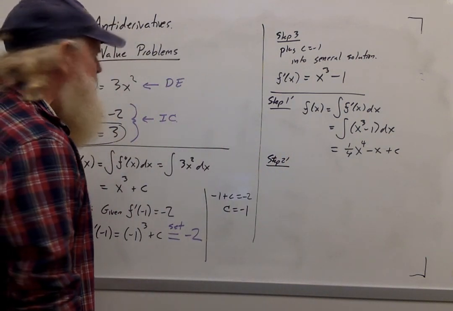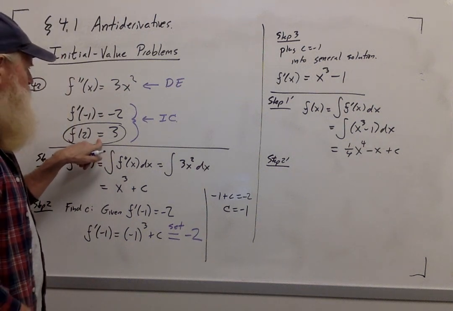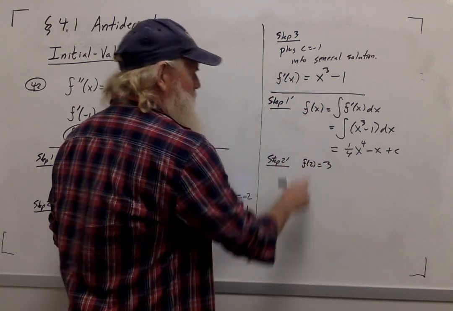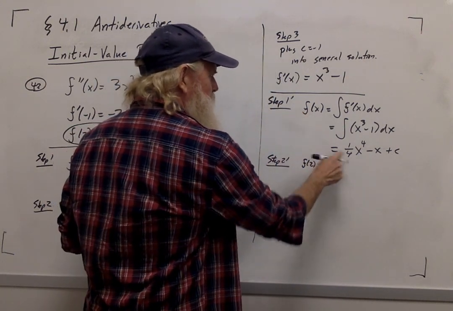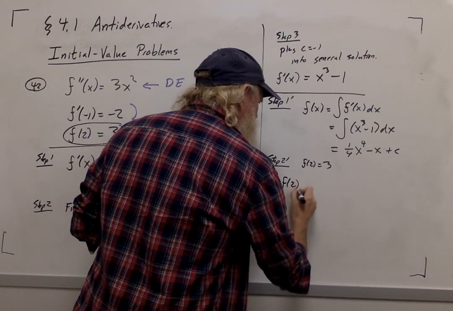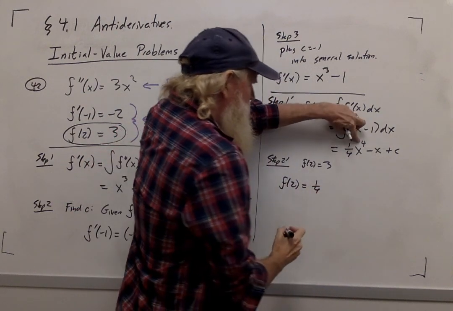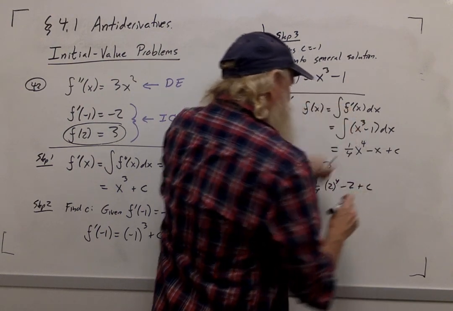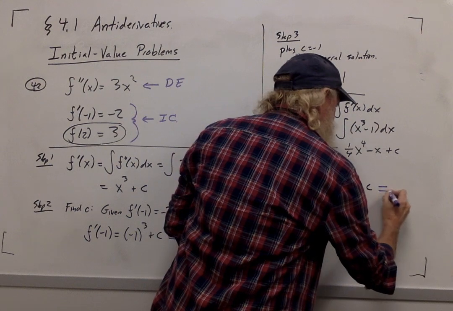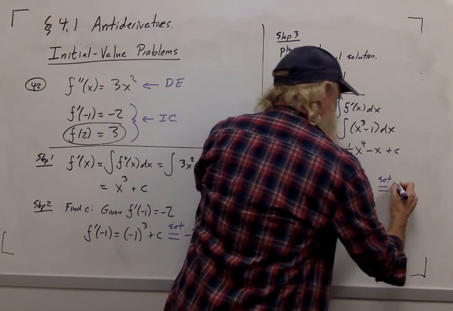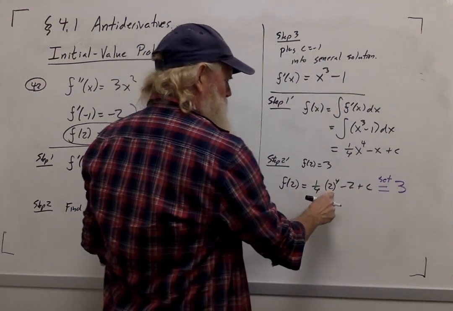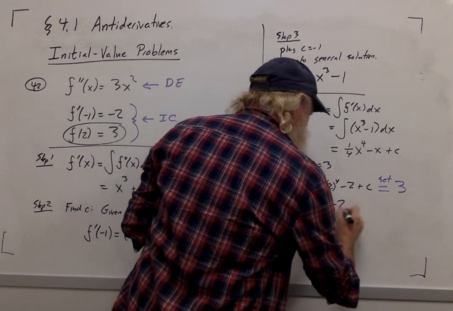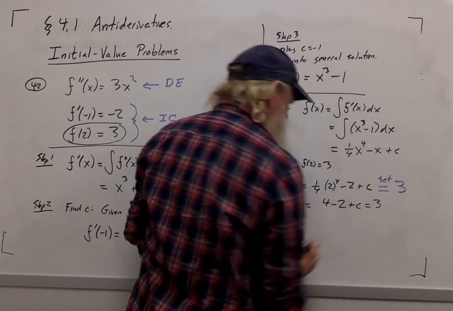To figure out what this c is, I'll use the initial condition that f of 2 equals 3. So substituting 2 into this antiderivative, I have that f of 2 is 1/4 times 2 to the 4th minus 2 plus c, and I'll set that equal to 3. So 2 to the 4th is 16 over 4 is 4. So 4 minus 2 plus c is 3.